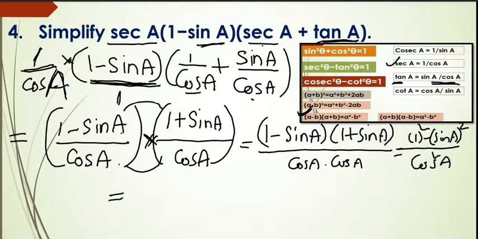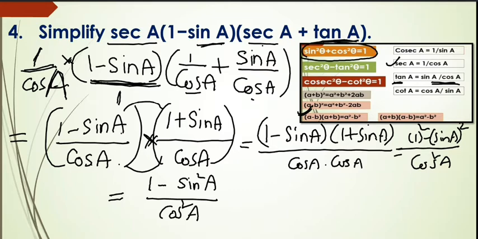So observe that 1 square is nothing but 1, minus sin square A, by cos square A. Here once again observe that cos square A and sin square A, there is one trigonometric identity related with these values.